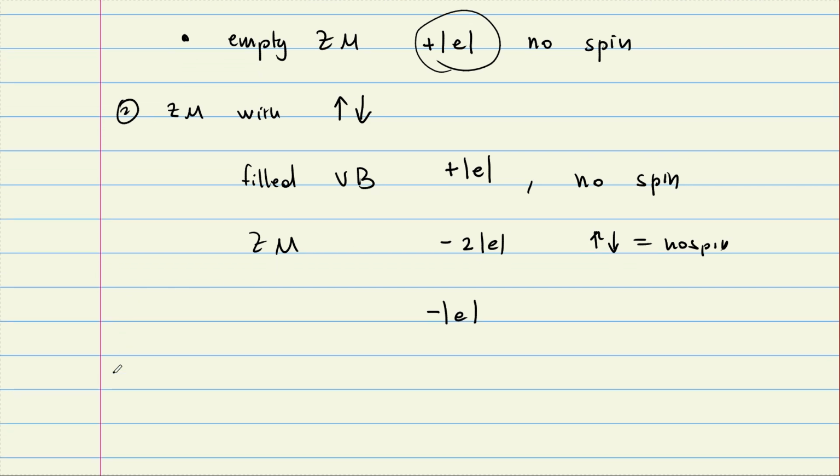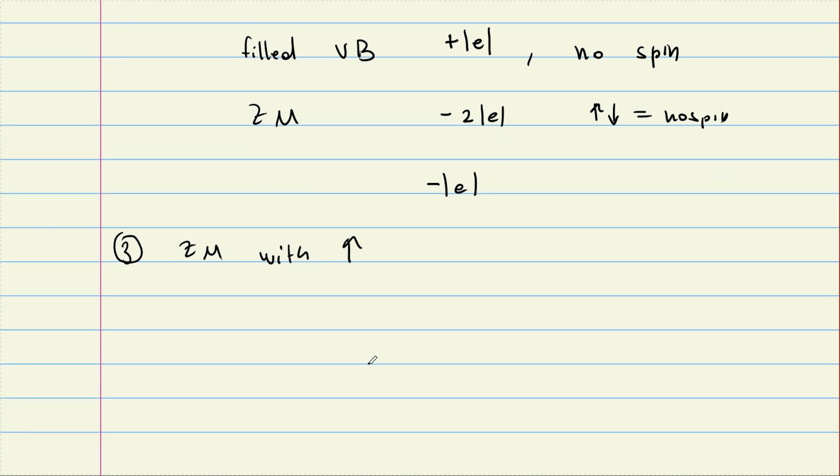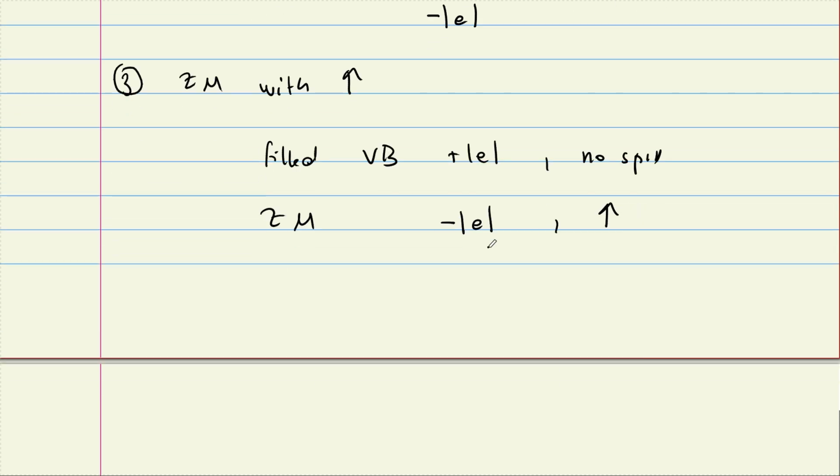And let's consider the last one, a zero mode with only an up electron. Again, the filled valence band which contributed to this mode is plus e and no spin, but the zero mode is going to be minus e, but now there is only one spin. In this case if you sum this up you have Q equal to 0 but spin up.